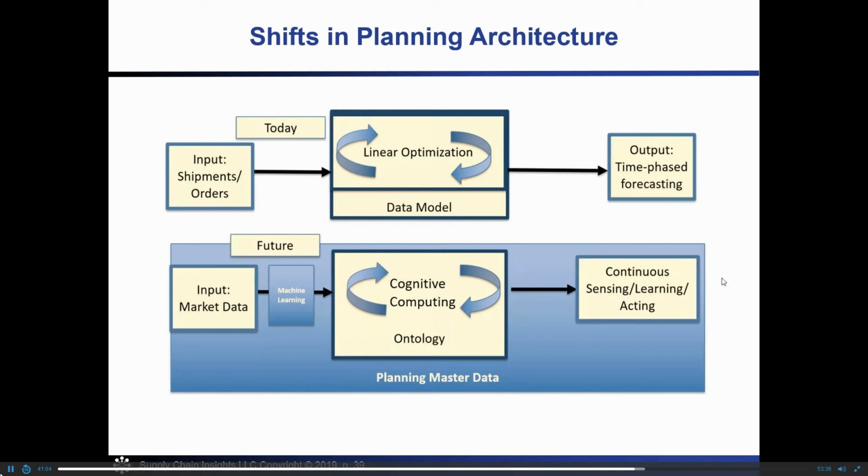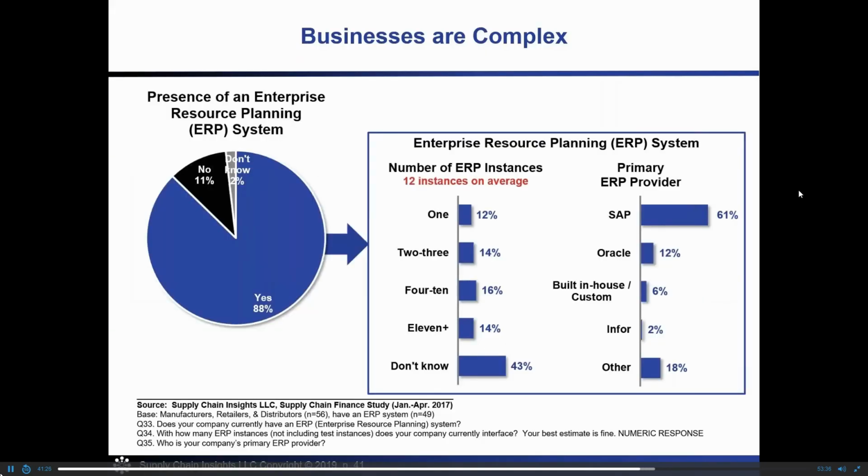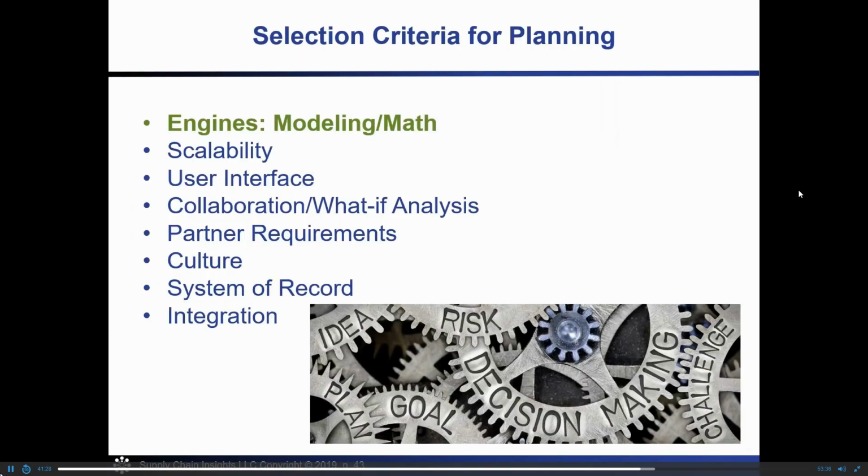And as you think about the evolution to machine learning, continuous improvement, and cognitive computing, don't just try to go there today. That's really for the early adopters and the innovators, about 3% of the market. What you should start with is the modeling, backcast, forecast value add, error.